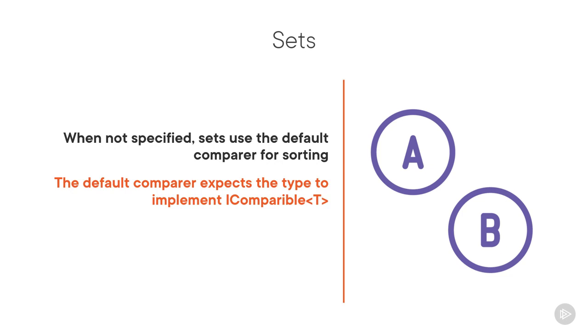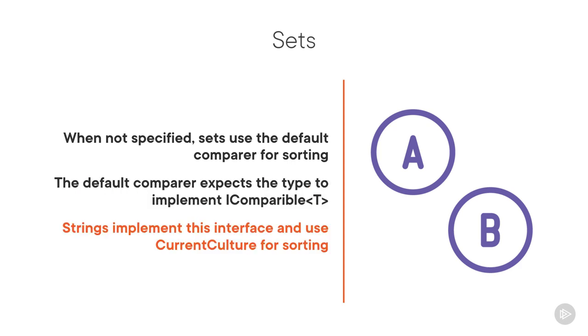The default comparer expects the type to implement IComparable of T, which string does. In the implementation of this interface, strings use the current culture for sorting. For our application, this will be the current application thread culture. We explicitly set that to be en-GB when we started our application, and so sorting has used UK English sort rules.